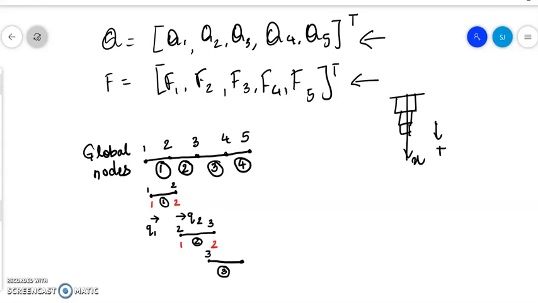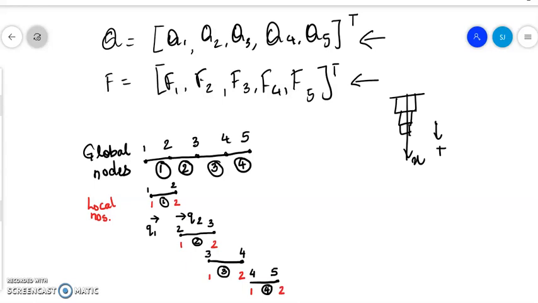The global nodes are 3 and 4, but as an individual element it has only two nodes, 1 and 2. The ones which I'm writing in red are the local numbers and the ones which I'm writing in black are global numbers. And finally the last element, element number 4. The global numbers are 4 and 5 and the local will be only 1 and 2.